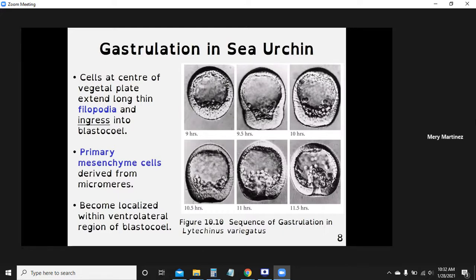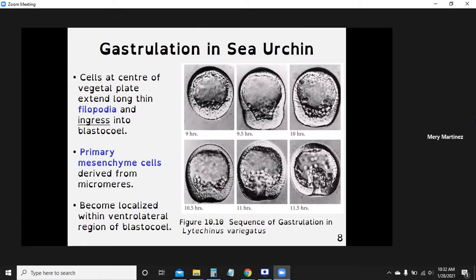So in here, we're going to have different movements, and we're going to start with ingression, okay? Shortly after the ciliated blastula hatches from the fertilization envelope, the vegetal pole starts thickening, as we see in here, and flattening. The only way you can thicken is by ingression.